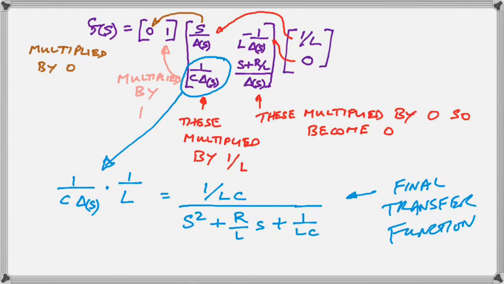But because now we have to multiply that matrix into the vector on the left, and we have a 0 element there, it turns out that when we multiply all of those things together, the only element of the A matrix that's actually used in this case is the one on the bottom left, which I've circled in blue. I have then expanded the multiplication there where we have 1 over L multiplied times 1 over C times the determinant. And as you can see, after a little algebra, we have the final transfer function shown here in blue.